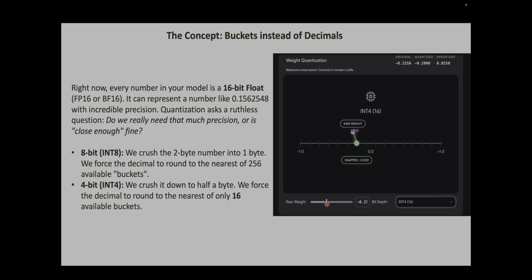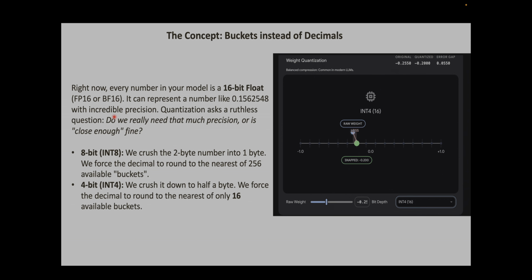If I give the raw weight and change it from BF16 to int4 or int8, or Q4, Q8, basically right now every number in your model is a 16-bit floating point, FP16 or BF16. It can represent a number like this with incredible precision.